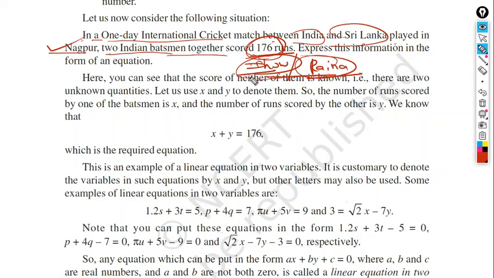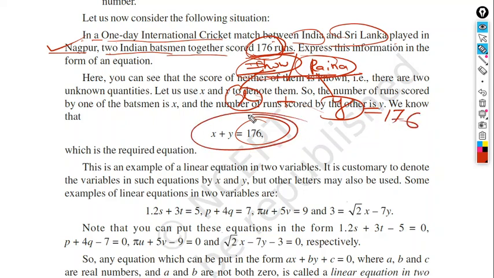Let us take that Dhoni scored x runs and Raina scored y runs. So the equation will be x + y = 176.